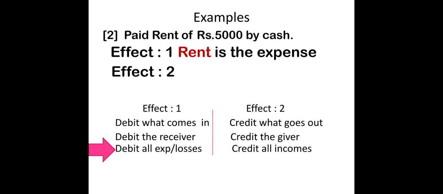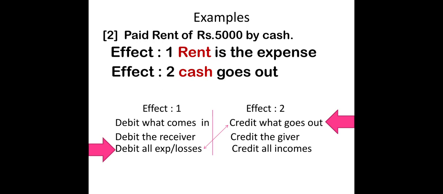Student, rent is paid by cash, so we can say that cash goes out. So first one is applied here. Yes, so credit what goes out is applicable. So in effect number 2 we can write cash goes out. Okay, so debit all expenses and credit what goes out. It is a combination of these two rules. Okay, so rent account and cash account.